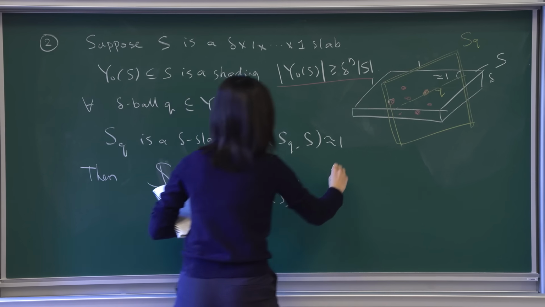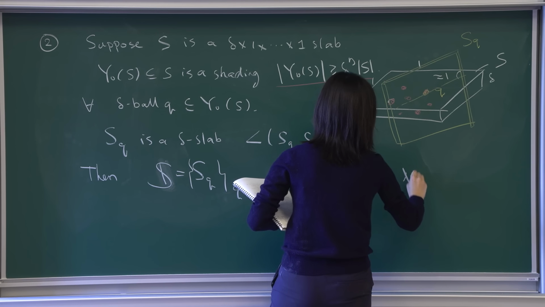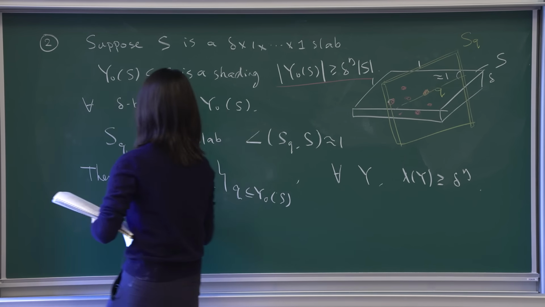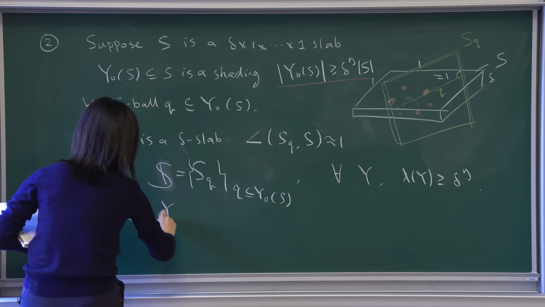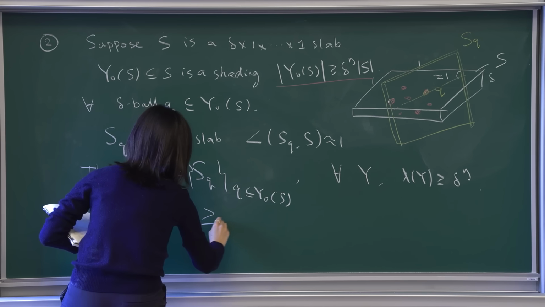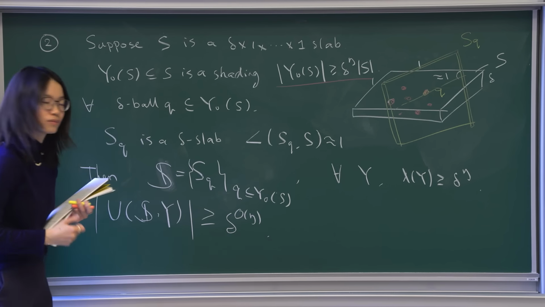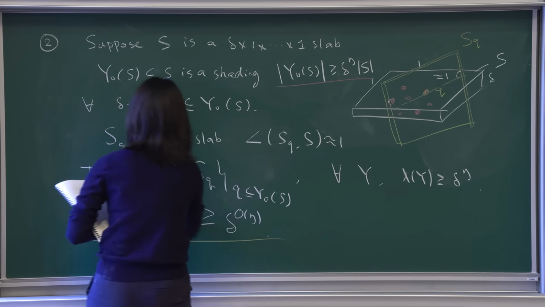We know that for any dense shading, the union of those slabs is greater or equal than delta to some constant times eta. So this is what we know, and this is again going to be used many times.